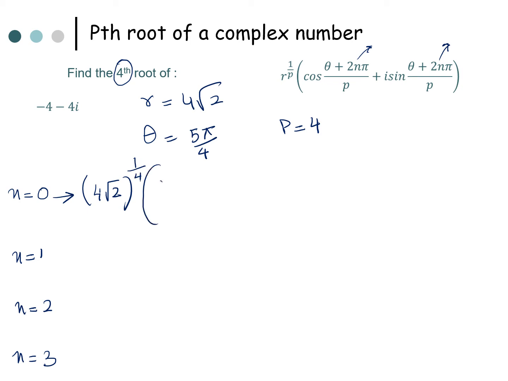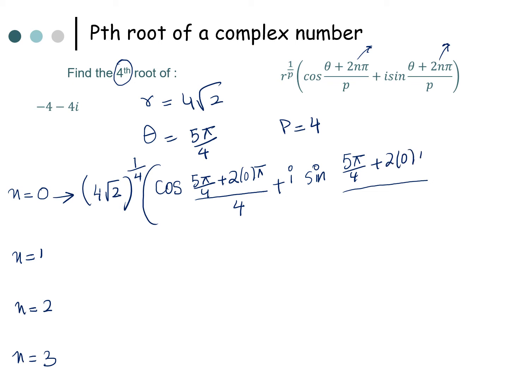Then open the bracket: cos of theta, which is 5 pi by 4, plus 2 n pi, where n is 0, whole upon p, which is 4, plus i sin of theta, 5 pi by 4 plus 2 times 0 times pi, whole upon 4. Now do the same thing when n equals 1.